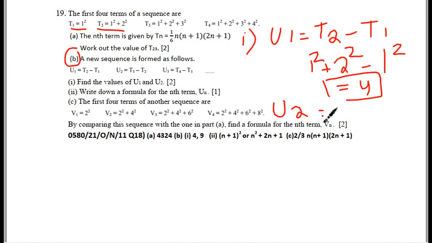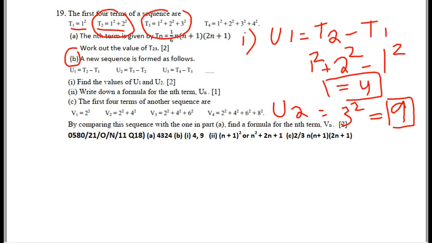Then for U2 we subtract T3 minus T2. Now when we subtract these, we'll only be left with 3 square. So I'm simply writing 3 square over here, which equals 9, the answer for U2. Okay, part 2. Write down a formula for Un.